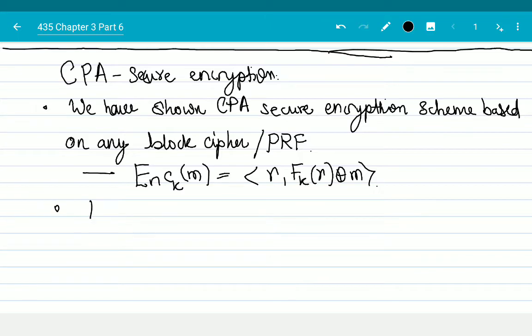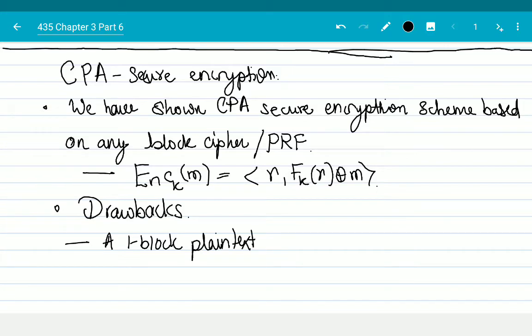What are the major drawbacks of this, however? Well, a one block plaintext just became a two block ciphertext.